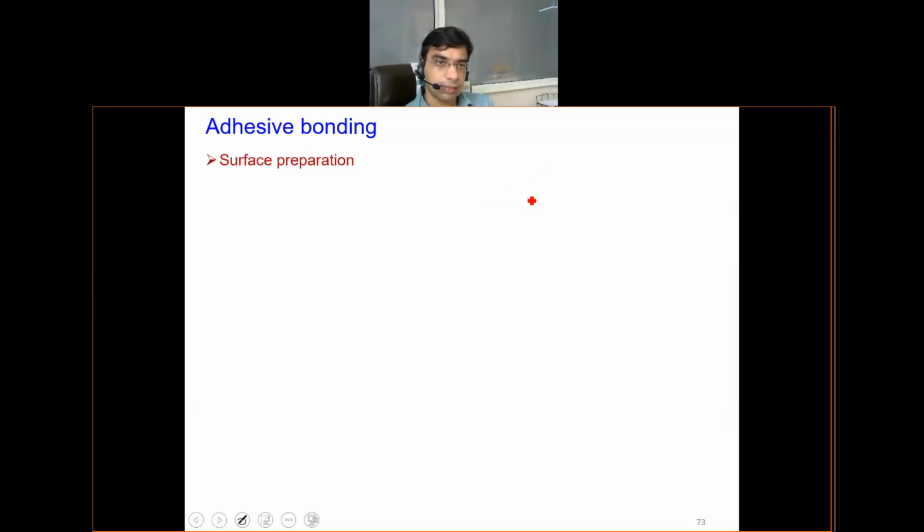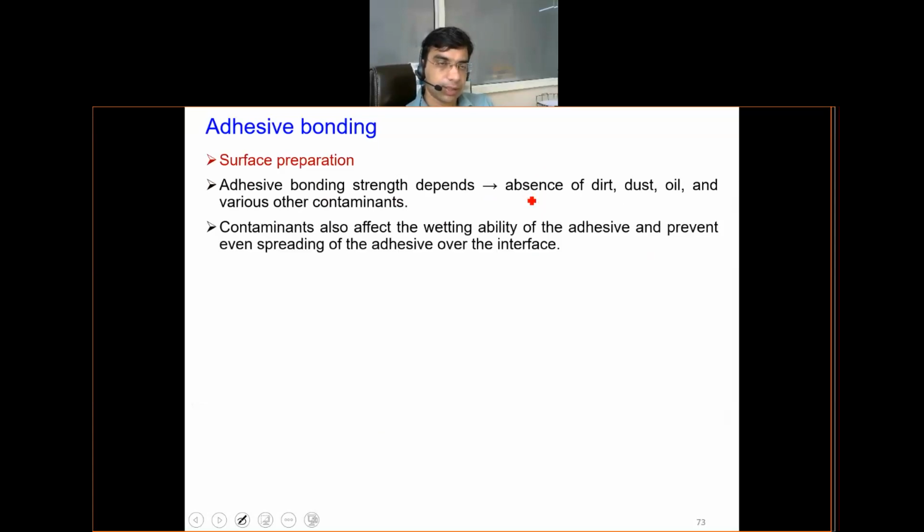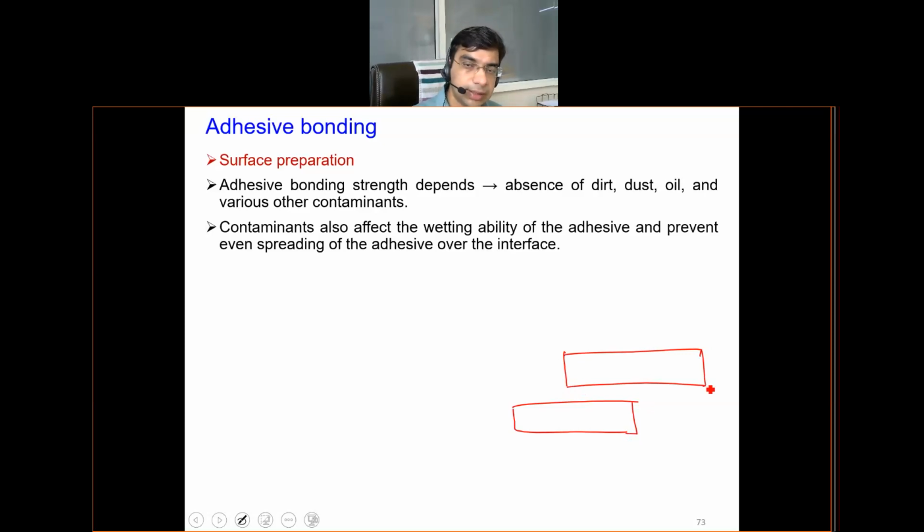With this, I move to another important aspect in adhesive bonding, which is the preparation of the surface. Suppose these are the two surfaces which have to be joined. What is important is to perfectly prepare the surfaces which will be in contact with the adhesive. Suppose we are providing the adhesive here.